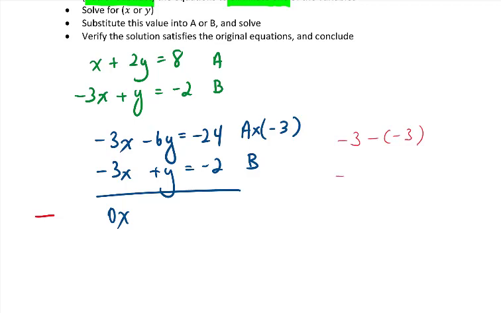Next is negative 6y minus 1y. So that's going to give us negative 7y equals negative 24 minus negative 2, which is negative 24 plus 2, which gives us negative 22.